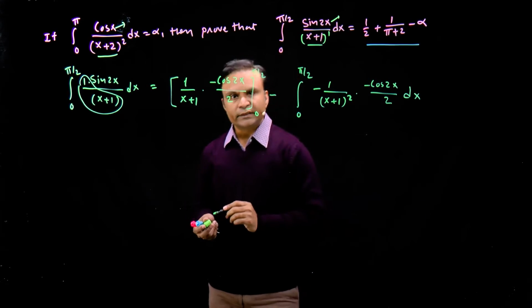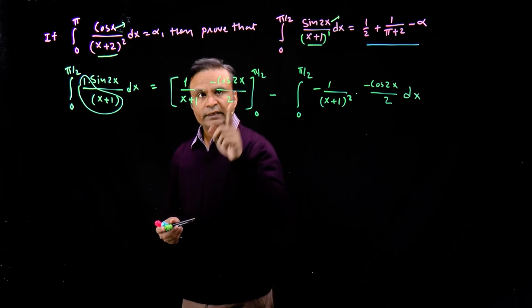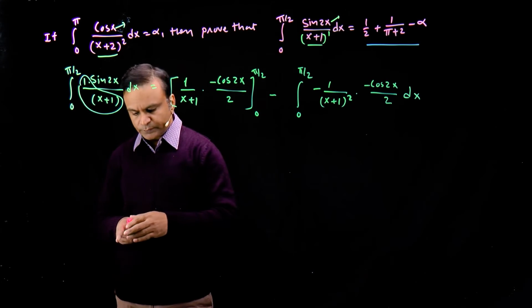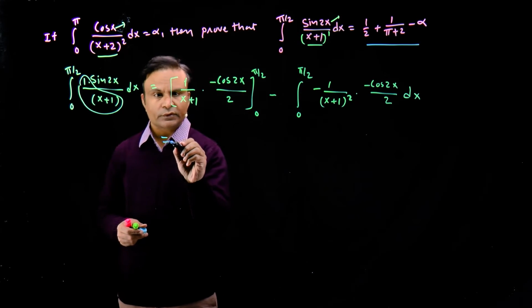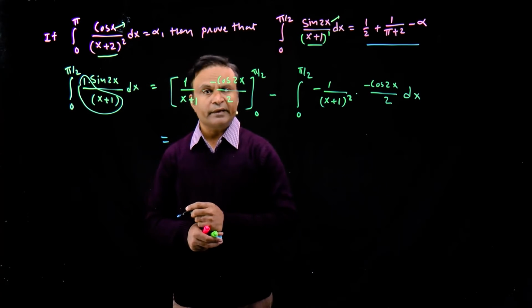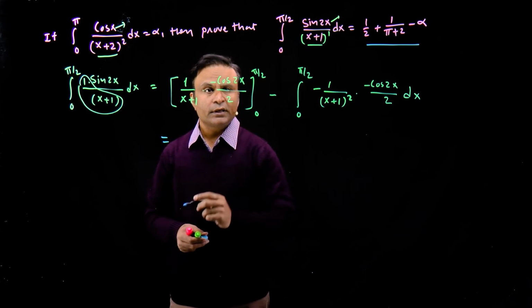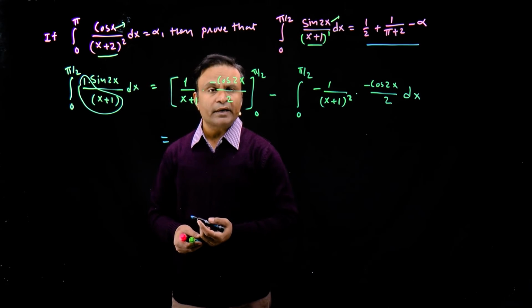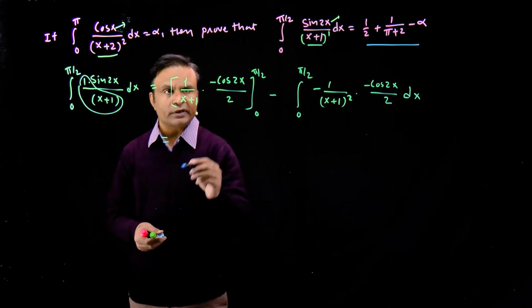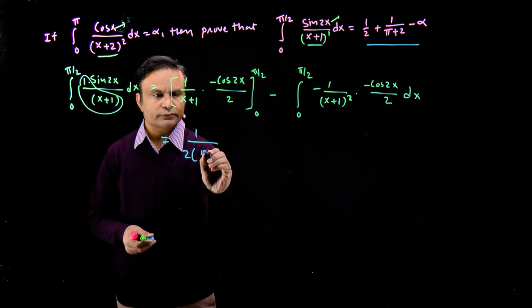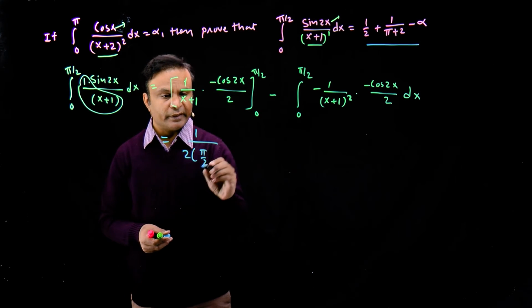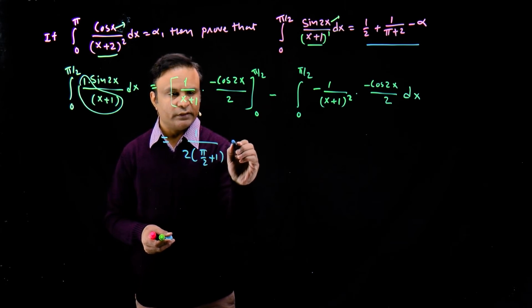So we are using integration by parts. In this we will put the value of limits. If I put pi by 2, I have cos pi, and cos pi is minus 1. So I have 1 upon 2 times (pi by 2 plus 1).